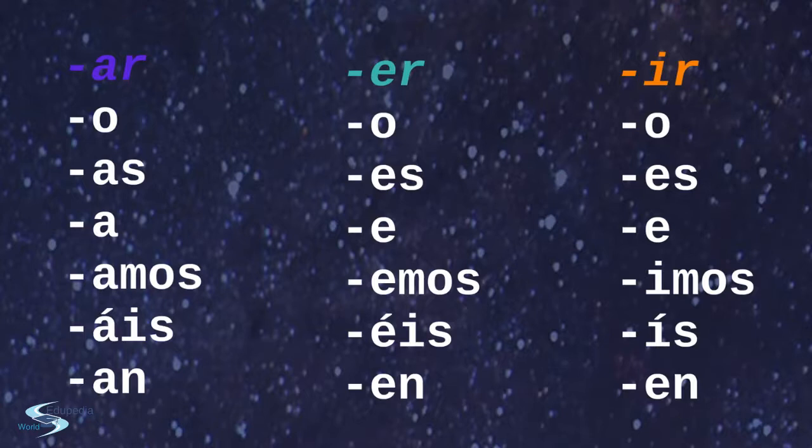The verbs ending with er would end as o, es, e, emos, éis, en, and those ending with IR would be o, es, e, imos, ís, en. So you can see that some endings of the ER and the IR verbs are really similar or the same, as is also the first person singular of all of them.